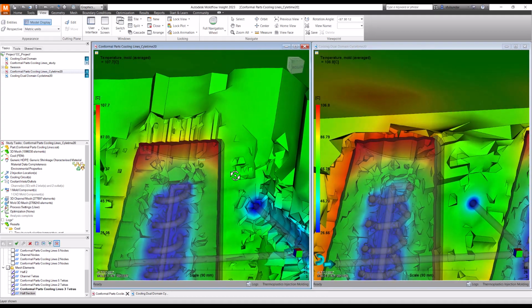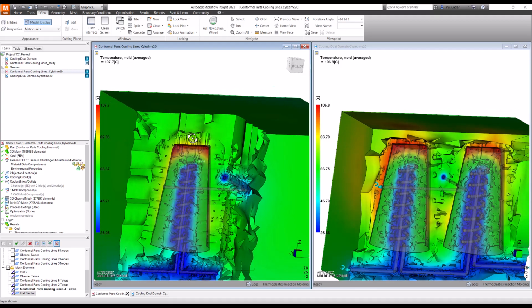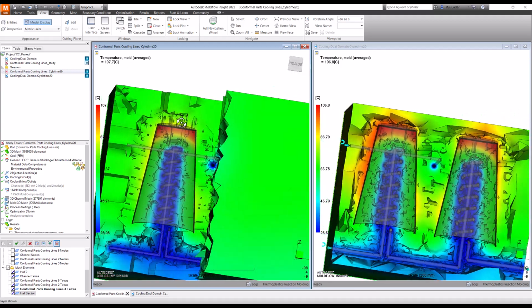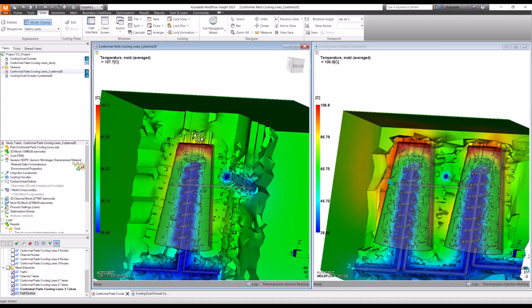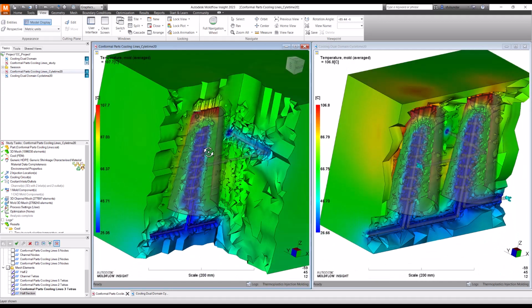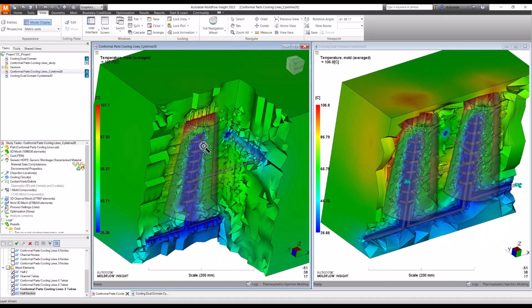The difference is because I have used a little smaller height of the mold in the dual domain versus the 3D, which has a bit of a drop in the area, but those temperature changes are pretty much the same in this one. So I hope you understand.